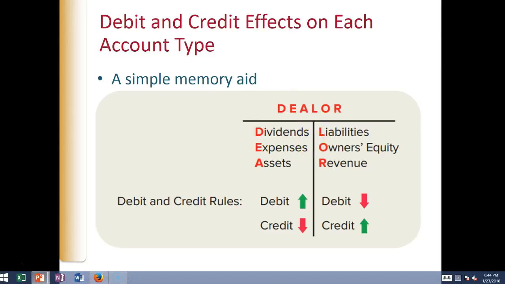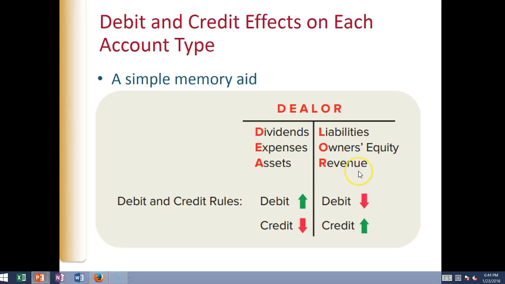There are 6 kinds of accounts. There's assets. Assets we know have long-term benefits. Liabilities, monies we owe. Owner's equity, the owner's claim to those assets in a business.